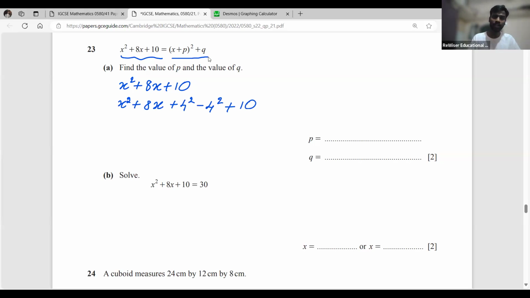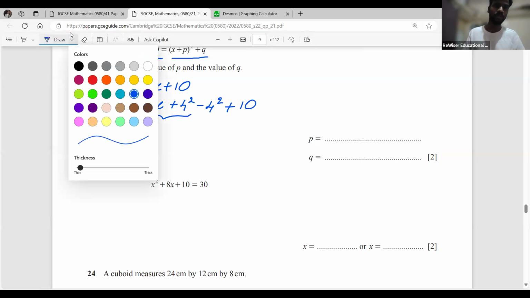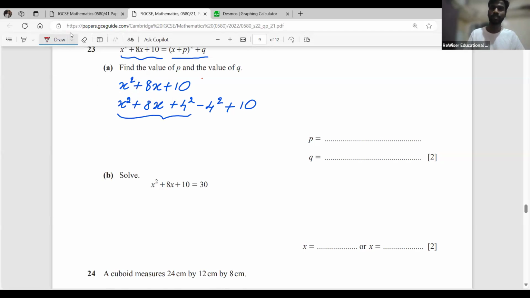Now I can group the first 3 terms. The first 3 terms would look like an identity. Either it would look something like a plus b whole squared, or a minus b whole squared. Whenever it's a plus b whole squared, that's nothing but a squared plus 2ab plus b squared.